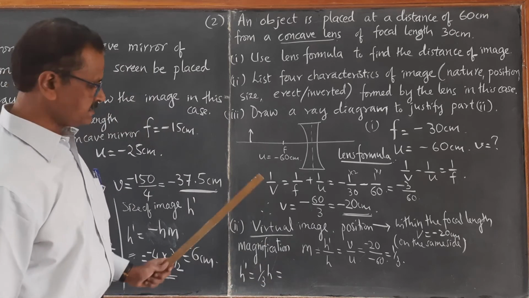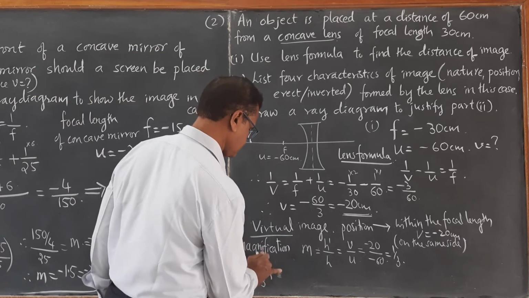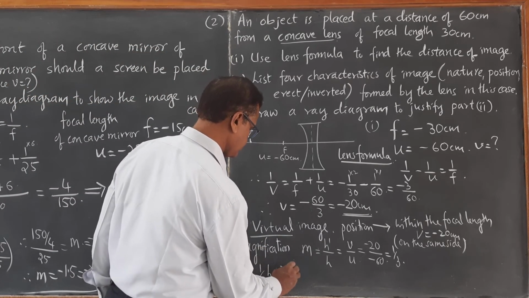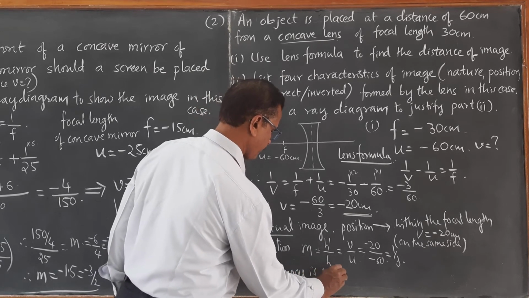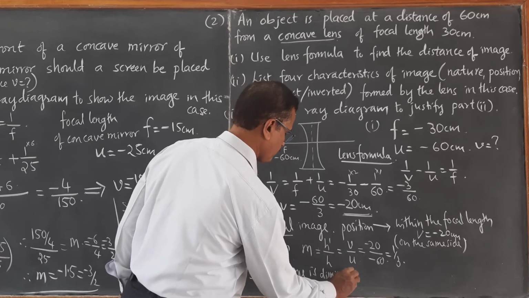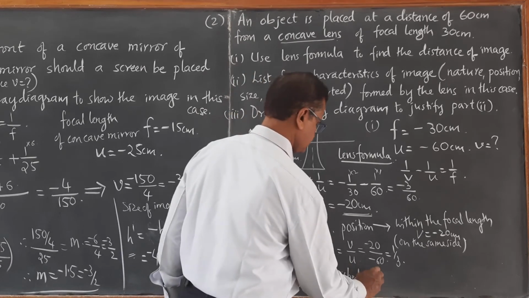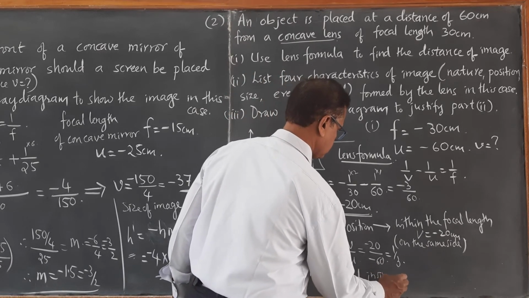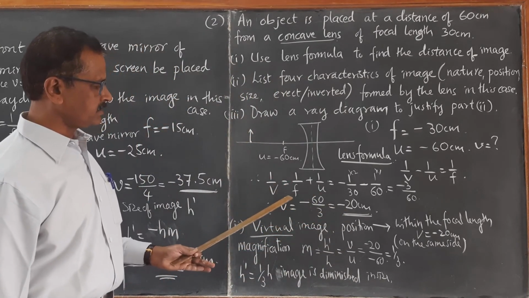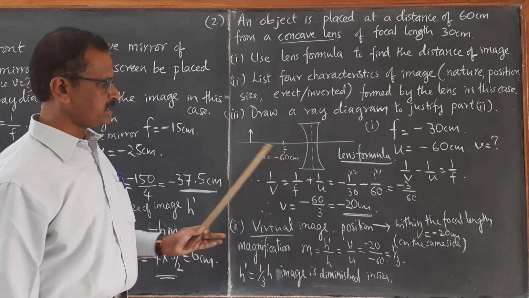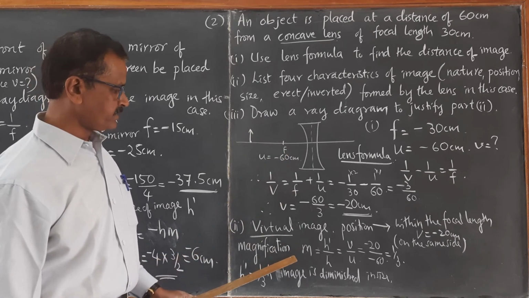So size is diminished. So this implies the image is diminished in size, and the object distance and image distance are on the same side, and the magnification is positive.